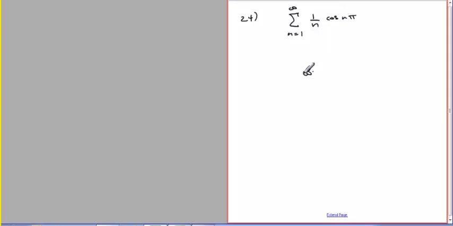So we're going to end up with the cosine of pi for n equals 1, the cosine of 2 pi for n equals 2, and the cosine of 3 pi for n equals 3. The cosine of pi is negative 1, the cosine of 2 pi is 1, and the cosine of 3 pi is negative 1.